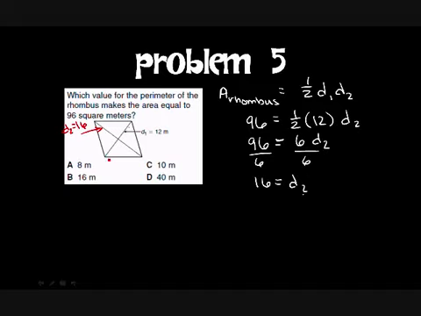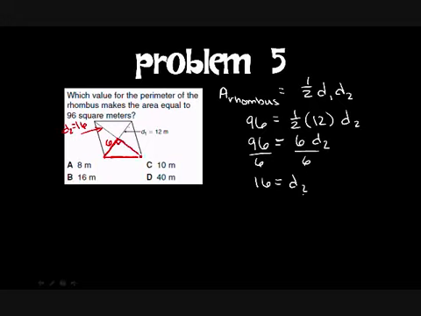Okay, and so since we want the perimeter, we need to know how long this side is. And remember that for a rhombus, all four sides are the same. It's just that the angles are not right angles like a square would be. So if we get one side, we know what all four sides are. So if you look here, this is actually a right angle. This distance here that I'm coloring in would be 6. And the reason is that the entire diagonal is 12, and so since we're only going halfway, it would be 6.